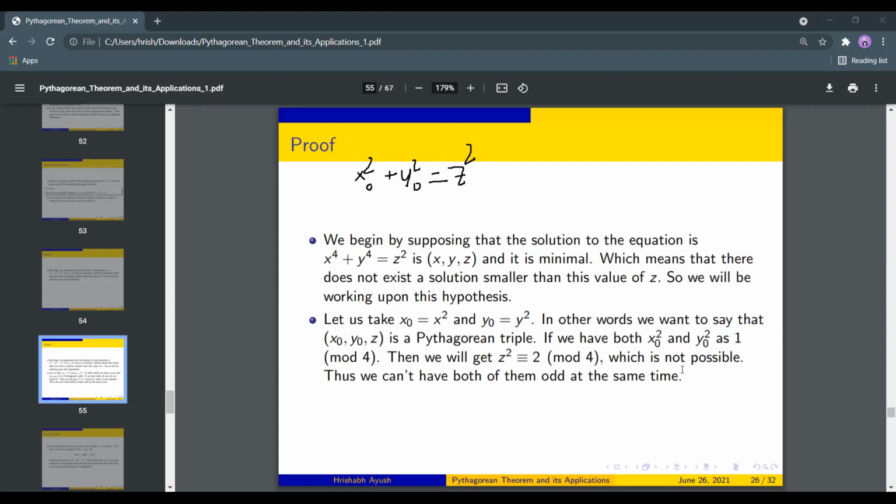If we have both x naught square and y naught square as 1 mod 4, we'll get z square congruent to 2 mod 4, which is actually not possible because for squares you have 0 and 1 mod 4. So I think everyone knows about that. Okay, so then we can't have both of them odd at the same time.